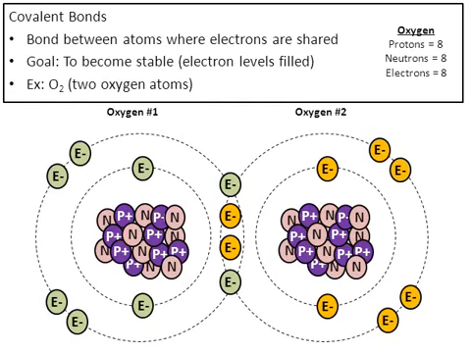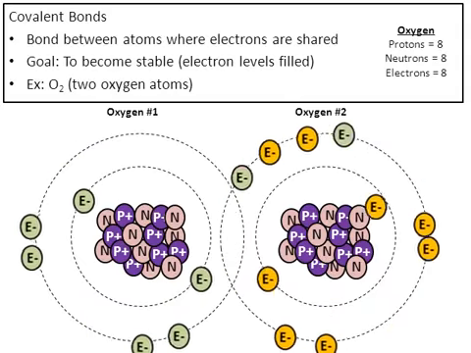Let's look at oxygen number 2. Oxygen number 2 has 1, 2 electrons in the first level, stable. Look at the outside level: 1, 2, 3, 4, a shared fifth, 6, 7, a shared eighth. Because they're sharing electrons, oxygen number 2's outside level is now stable.